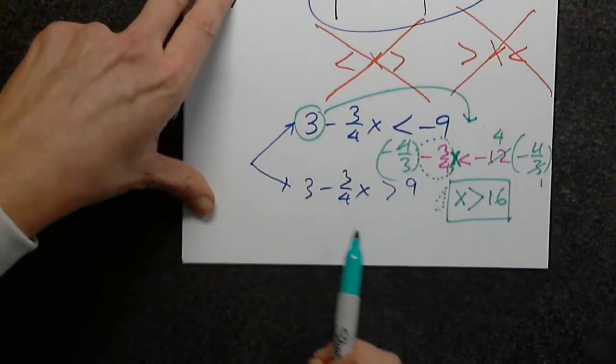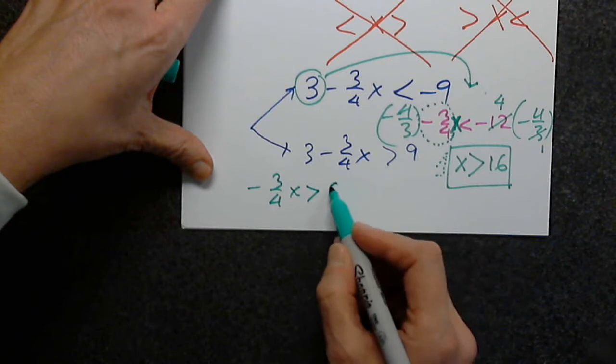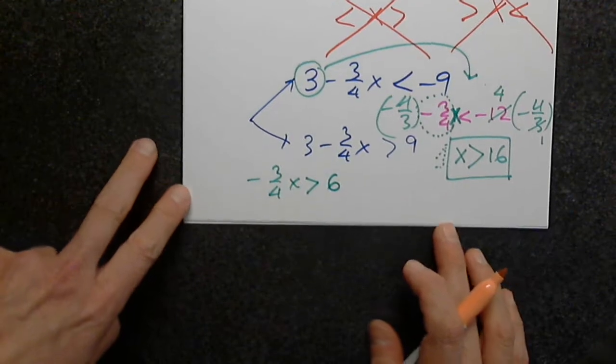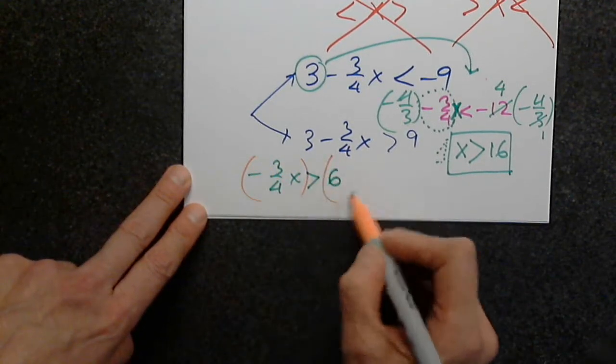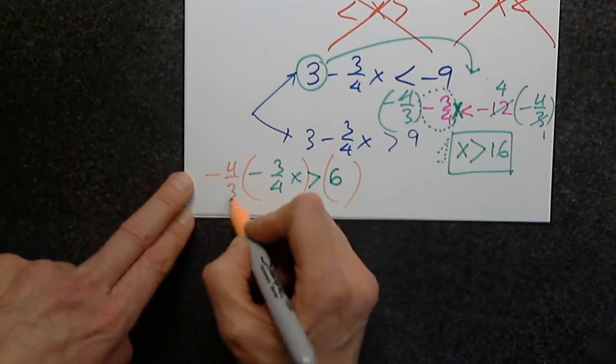Okay, so then the next one, same step, negative 3/4 x, but this time greater than 6, because I subtract 3. And the same process, I need to get rid of negative 3/4. I will multiply both sides by negative 4/3.